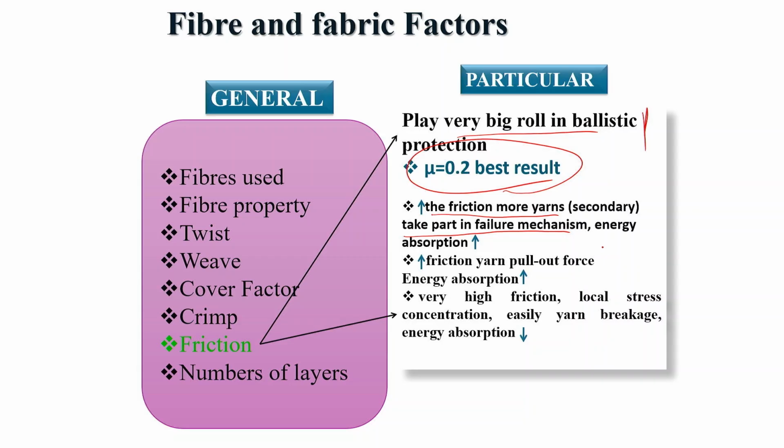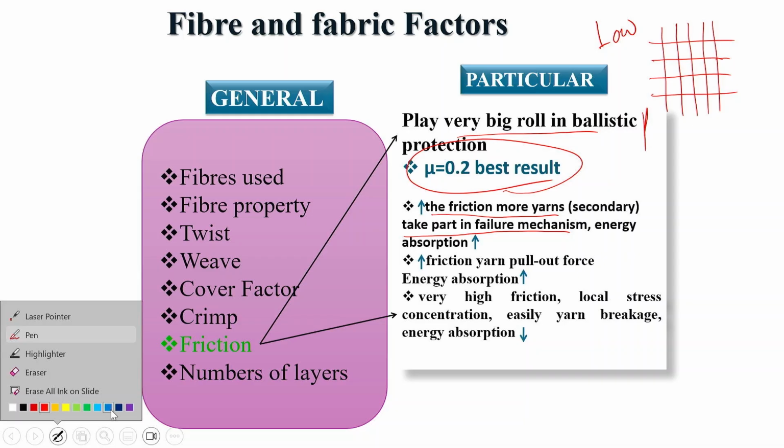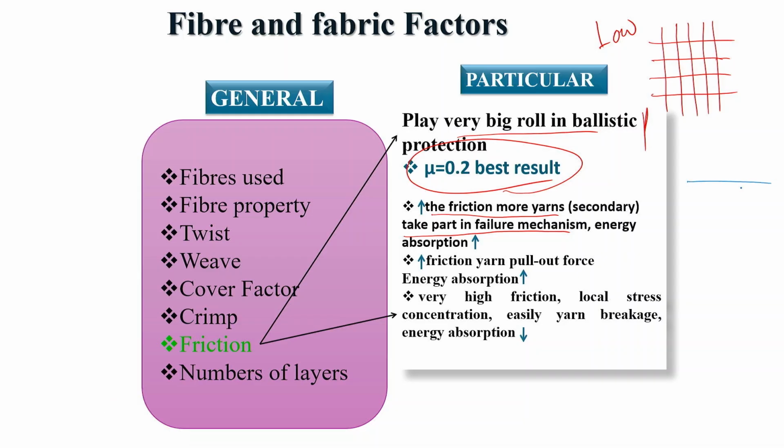Now, let me explain. This is the fabric where the yarn to yarn friction is low. Another fabric where the yarn frictional coefficient is high.